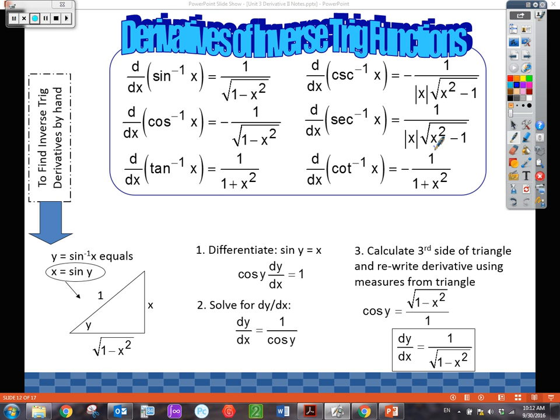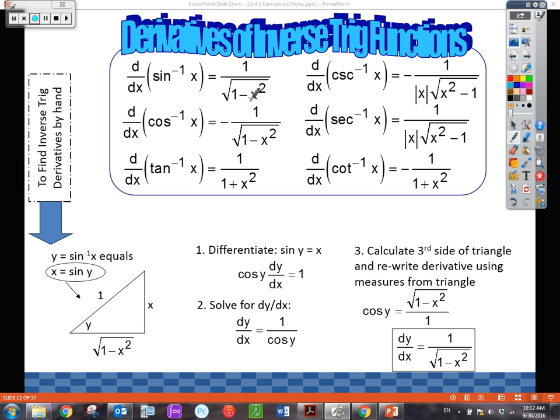The factoring process was a little bit harder. That's kind of the relationship between derivatives and integrals. Derivatives are straightforward, you just do the derivative. Integrals are more complicated, and when we get into integration, we're going to have to integrate these and recognize what they are. So it's pretty important that we have these memorized.